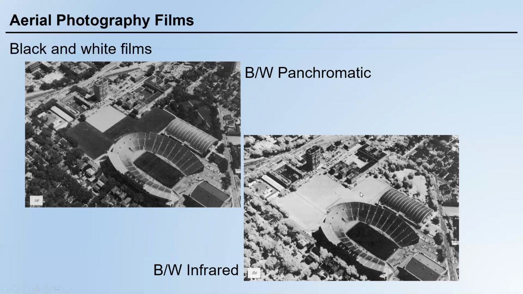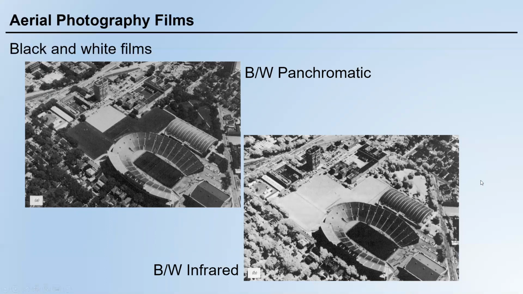That's the reason why this lawn is bright, and all those trees are also bright. Some of them are dark because there are shadows. But in general, the lawn here is bright, the lawn here is bright, and all those tree canopies are also bright.